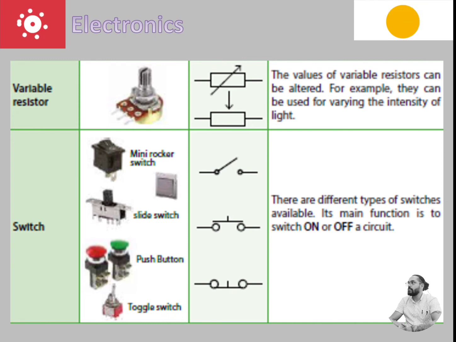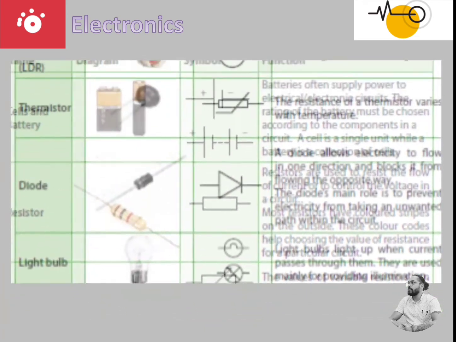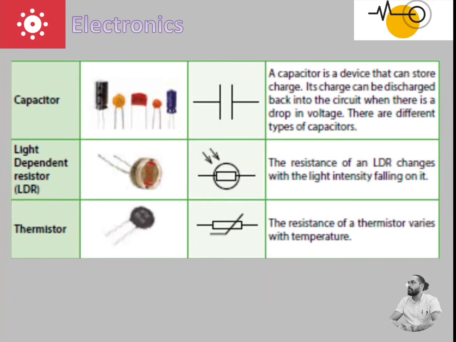Switches are used to control the flow of electricity in a circuit. They either close or open a circuit. Capacitors are devices that can store charge, and LDR, which means light dependent resistors, have a resistance that changes with light intensity.